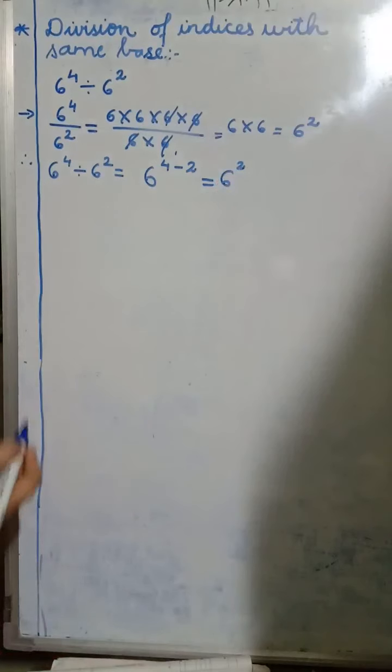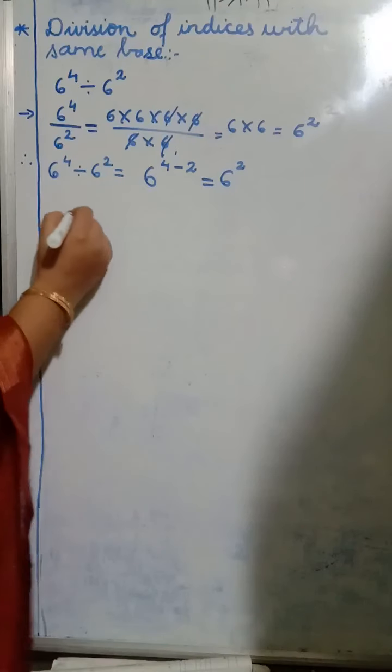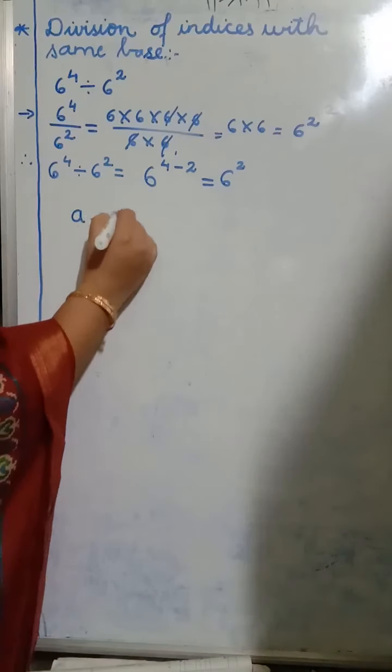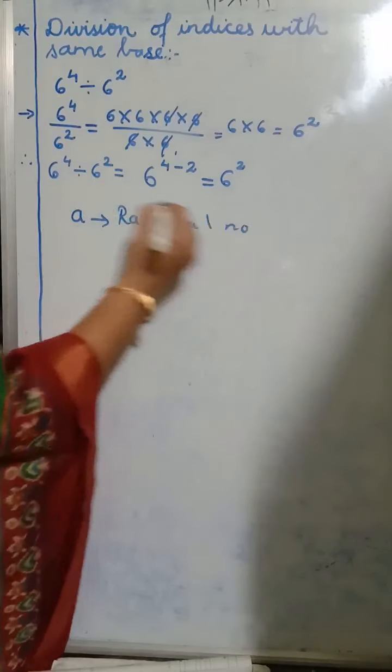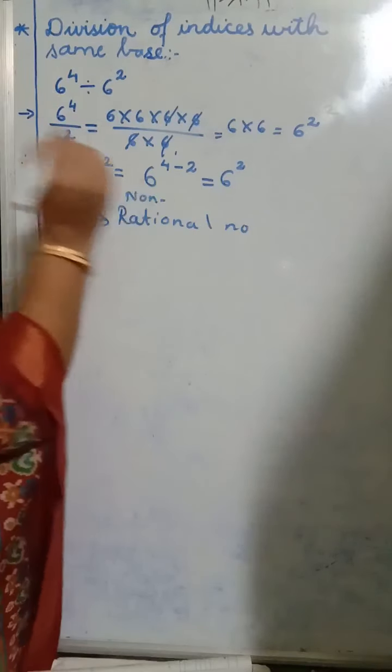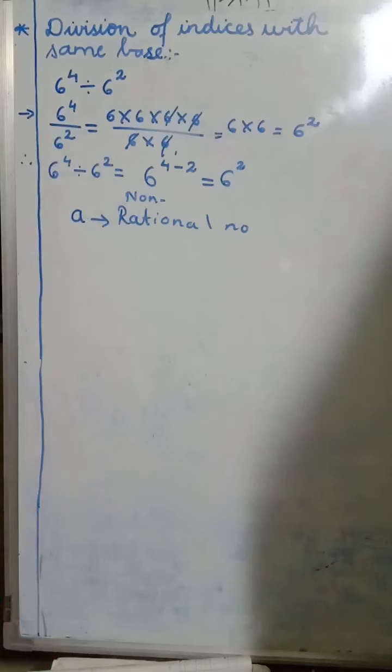Did you understand? Now what we have understood is that if a is a rational number, a non-zero rational number, okay? Non-zero means it is not a zero but it is a natural number or an integer, okay?